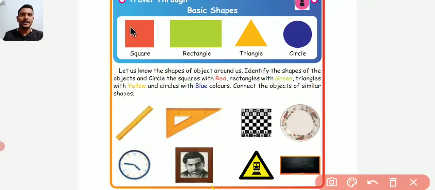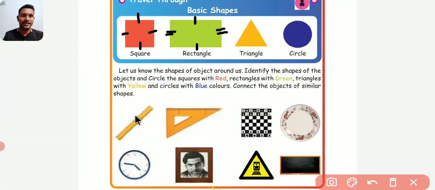In a square all the 4 sides are equal, but in a rectangle only the opposite sides are equal. This side and this side are equal. This side and this side are equal, but in a square all the sides are equal. That is the difference.